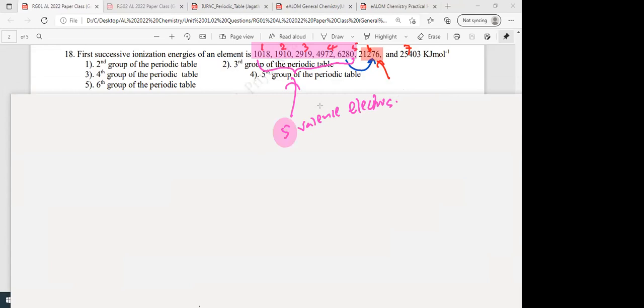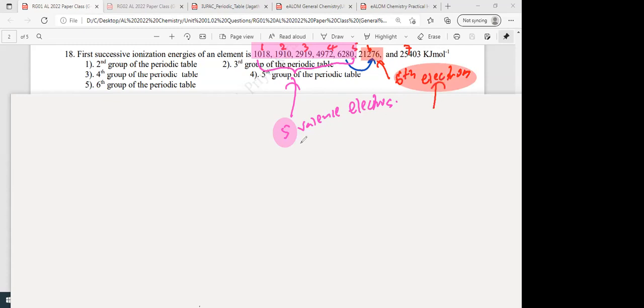Less energy required. But for the removal of the 6th electron, removal of which electron? Now 1, 2, 3, 4, 5, 6, the 6th electron. Removal of the 6th electron involves a lot of energy. That means the 6th electron has been removed from the inner shells.